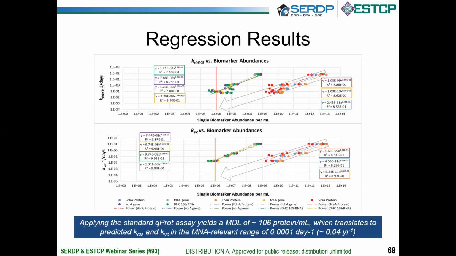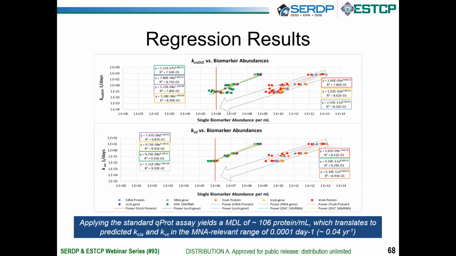So extrapolating the regression results down closer to that detection limit for the samples and then going over to the y-axis translates to a rate coefficient associated with the detection limit of very low, 0.04 or so inverse years, which is certainly low enough to be relevant for monitored natural attenuation assessments at chlorinated solvent sites.